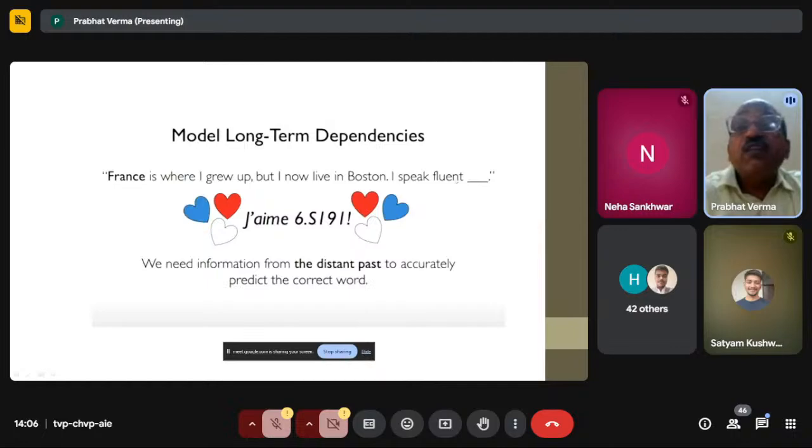What I speak fluently, whether French or another language, depends on that. So there is a long-term dependency in this sentence, and that should be fulfilled. We need information from the distant past also to accurately predict the correct word. So this is another issue.